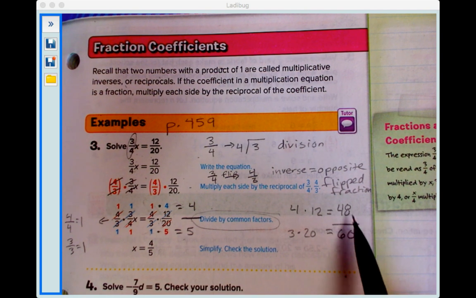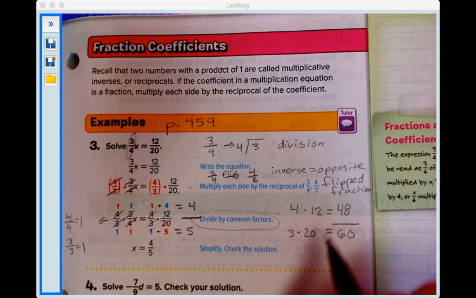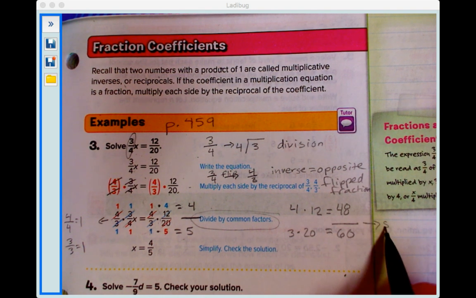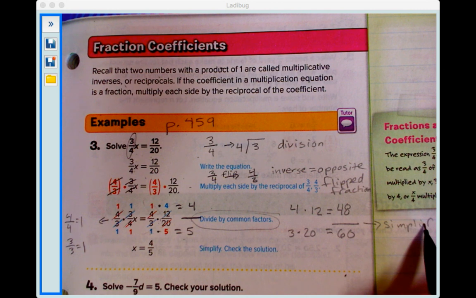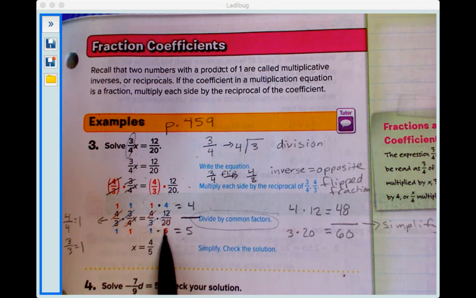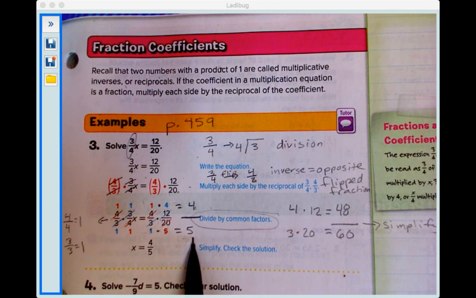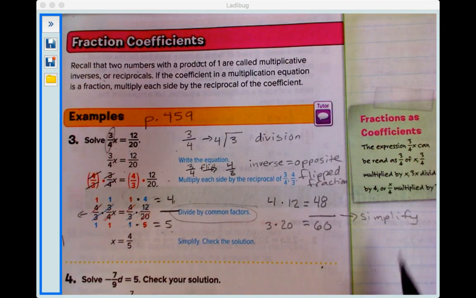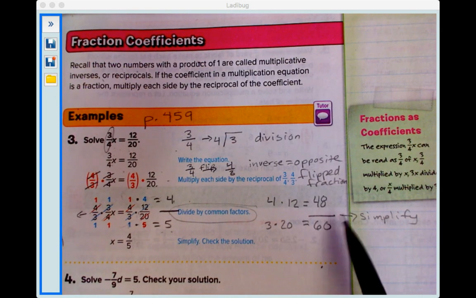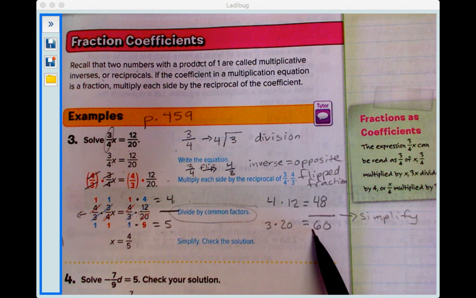You would divide these both until you can't get any smaller; you would simplify. So you can simplify early on, or you can simplify after you do your multiplication, which is 48 divided by 60.